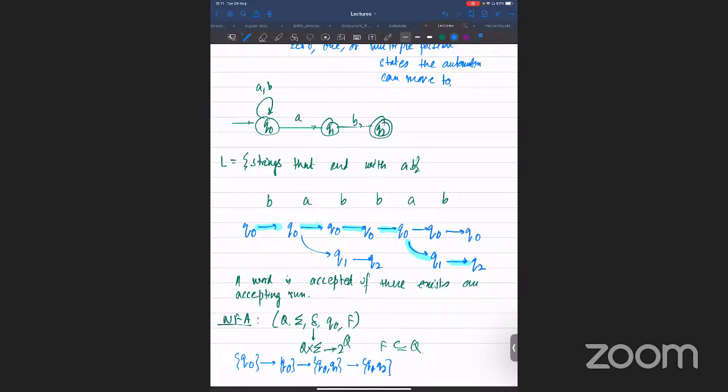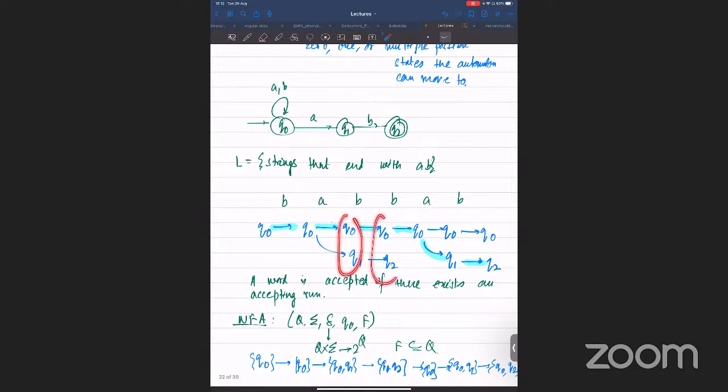Then from here you go to Q0, then Q0, Q1, then Q0, Q2, correct? So this is the idea of the DFA. There is a single run, but that single run keeps track of all the different states which you are reaching across the different runs.